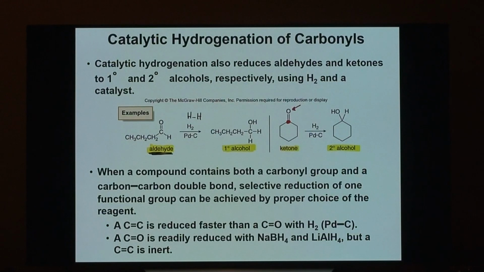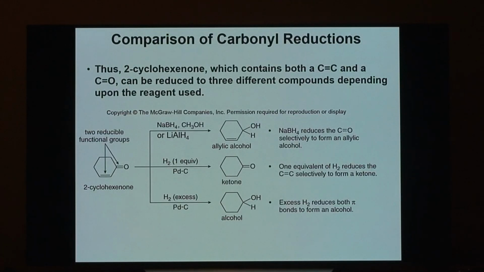If you have a compound that has both carbonyls and double bonds, let's have an example. This is a compound that has a carbonyl and a double bond. And you know that whenever you're working with hydrogen in presence of Pd/C, this is a simple addition, hydrogenation of the double bond. You're adding hydrogens to the double bond, remember that.